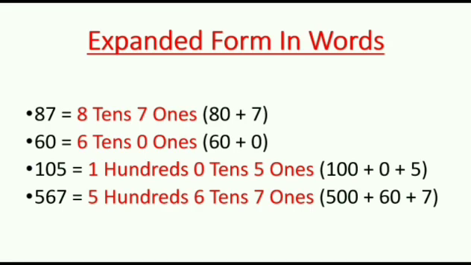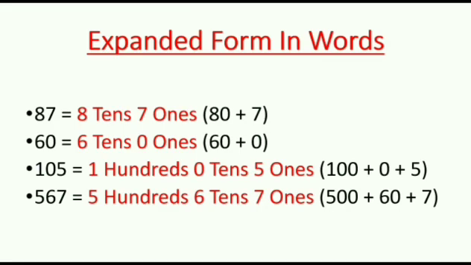105. In 105, 1 hundreds, 0 tens because there is no number in the middle, and 5 ones. We will get the breakdown as 100 plus 0 plus 5. This is the expanded form for 105. For 567, the expanded form is 500 plus 60 plus 7.